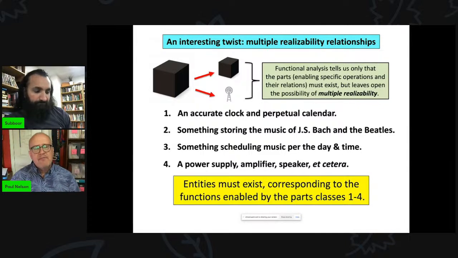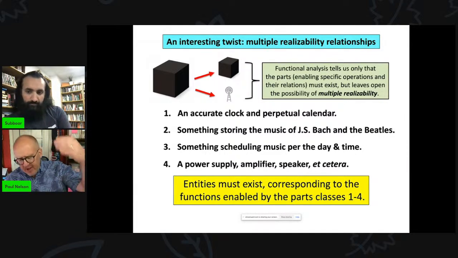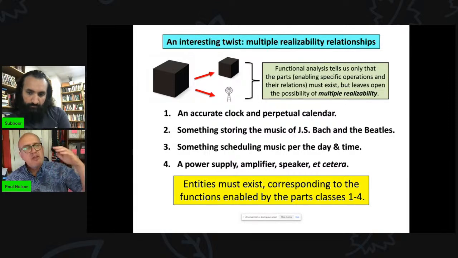So you could have, for instance, a radio transmitter sending you that music from some other location, and the box is just a receiver. We know that somewhere those entities must exist that correspond to these four functions that we've observed. The functions tell us that the entities exist, but the entities could have multiple forms.